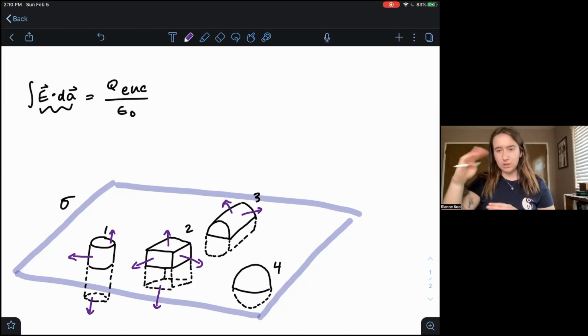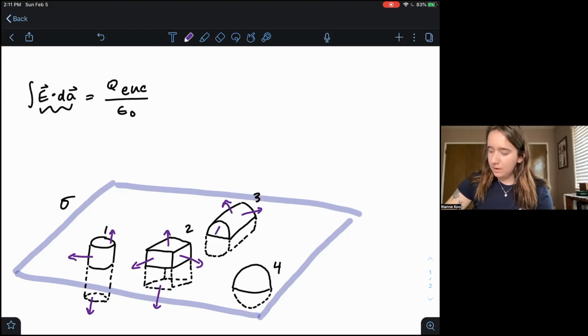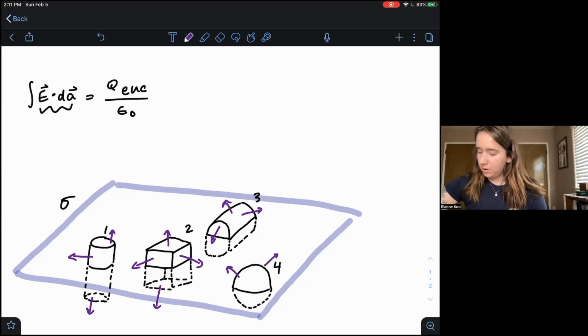Since it's spherical on the top, the dA vectors point radially outward, and then this one has a dA vector that points in the same line as the infinite sheet. And then 4 has dA vectors that go radially outward like this.